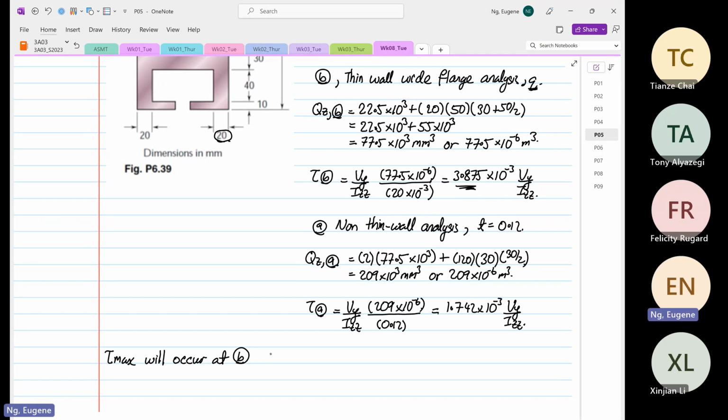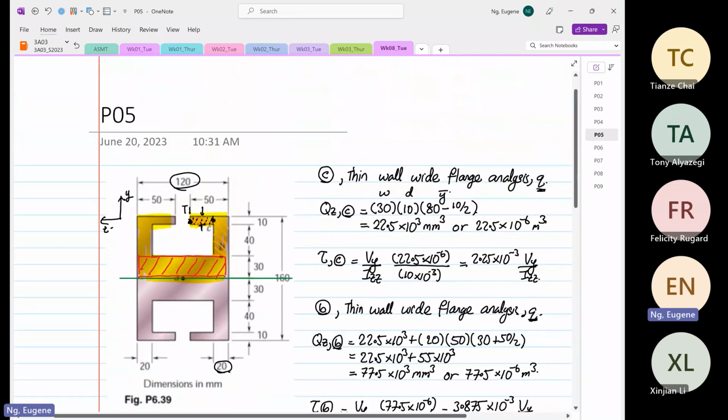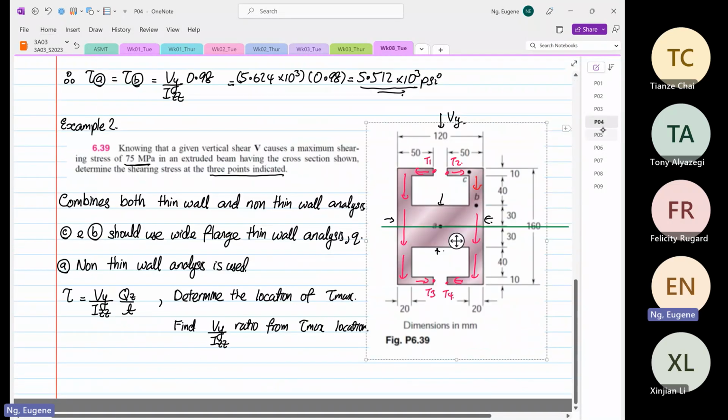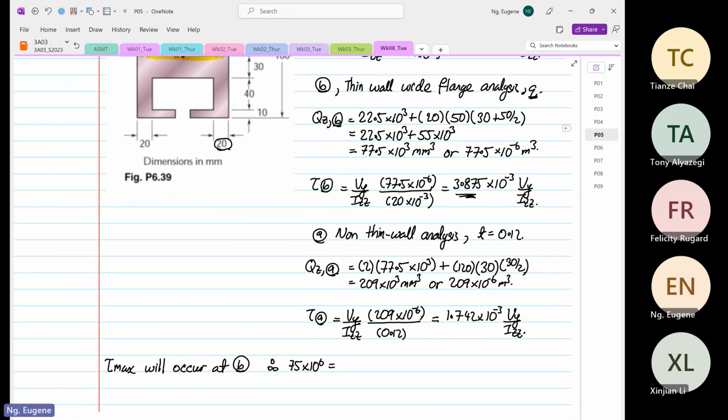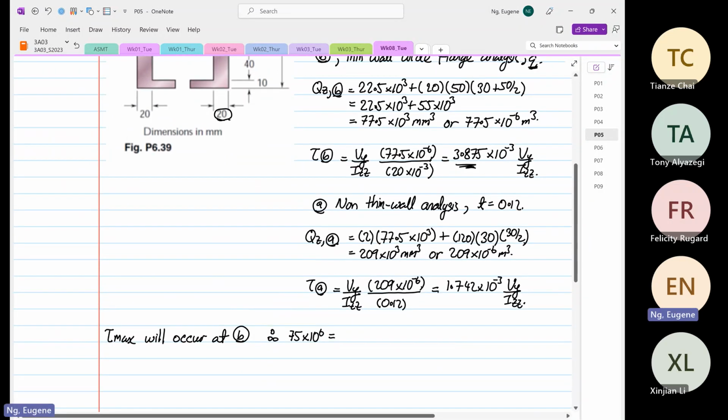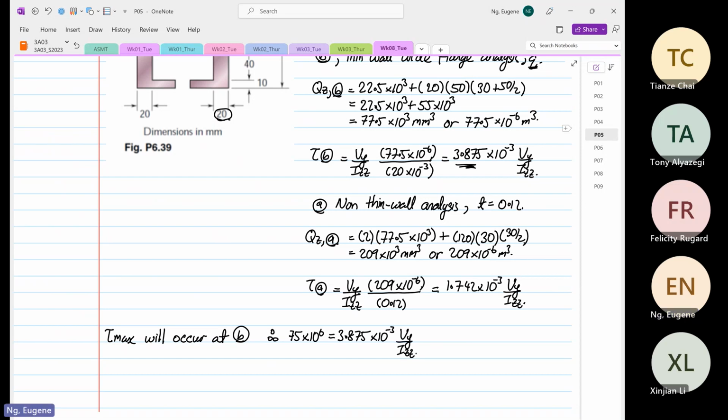So therefore, the tau max is, I think it's 75. Let me check. So this will be 75 times 10 to the power 6, equal to 3.875 times 10 to the power minus 3 Vy over Izz.